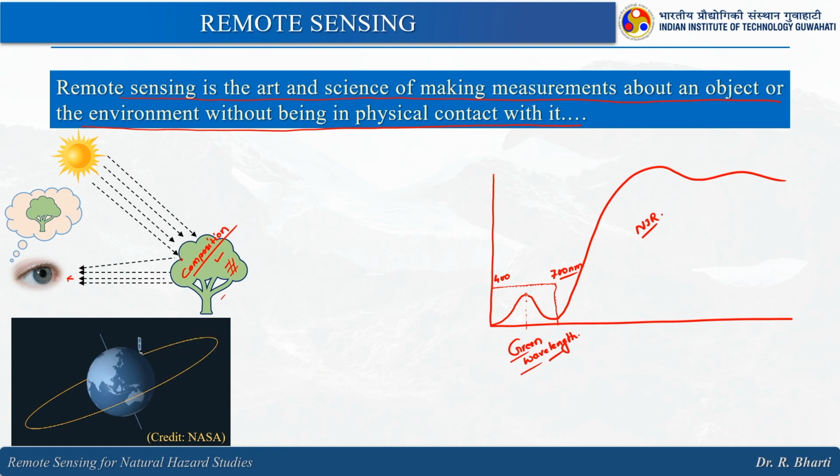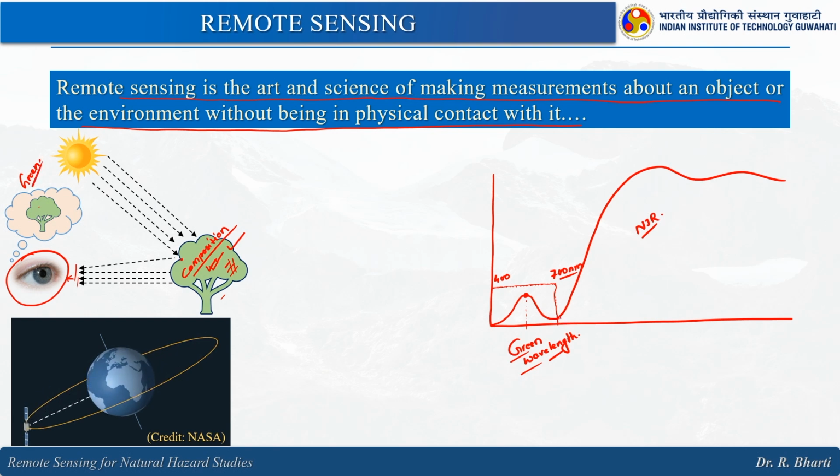wavelength. So, green is the wavelength which is not absorbed by the target. So, in this case our eyes sense this energy and this particular target appears as green, right.